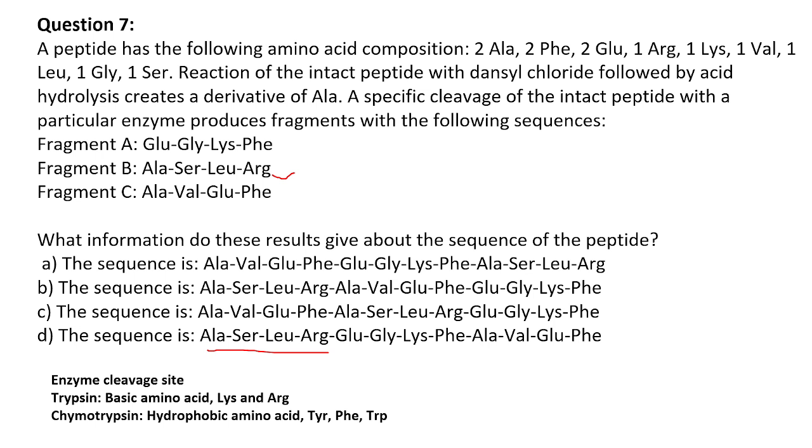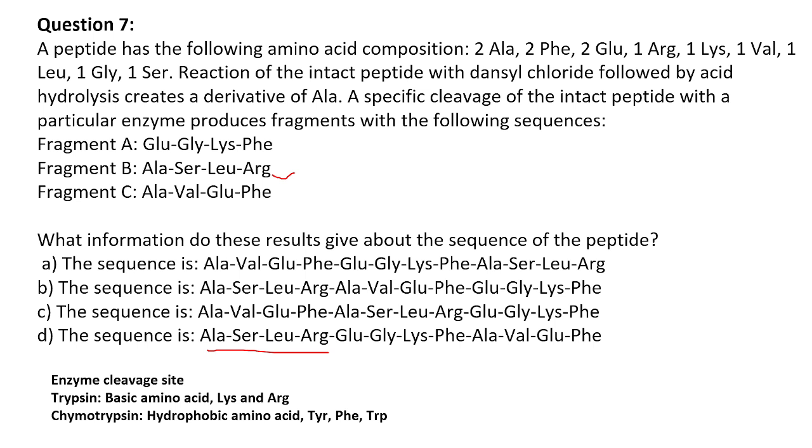At the top there will be the amino acid phenylalanine, which is hydrophobic in nature, so the same enzyme will not work. Same case if you put this first, then also it will not work.